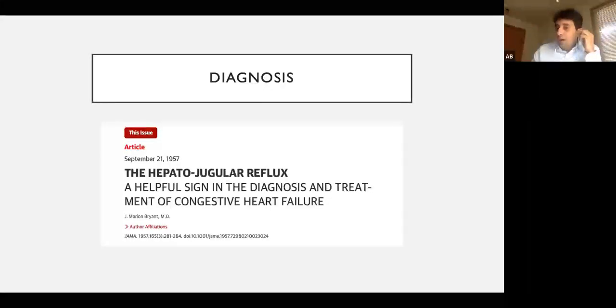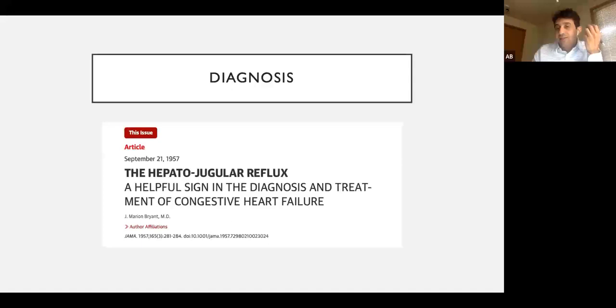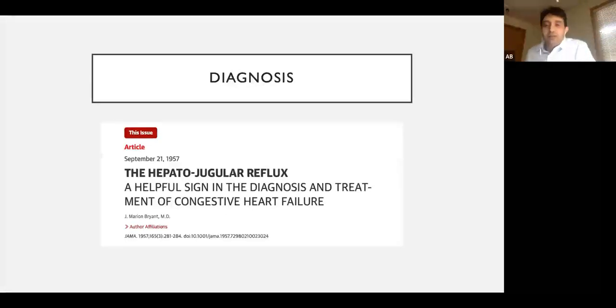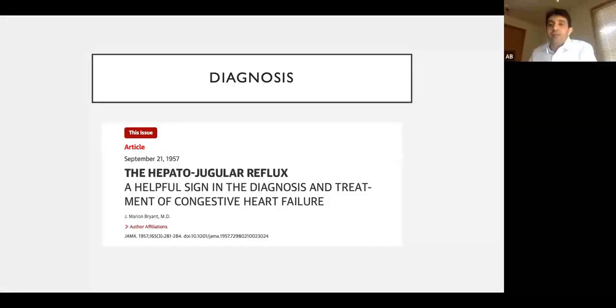How much pressure do you put on the abdomen? How much do you compress the abdomen? And where in the abdomen? Yes, you compress the liver area. But do you know how much pressure you exert on the liver in terms of millimeters of mercury?